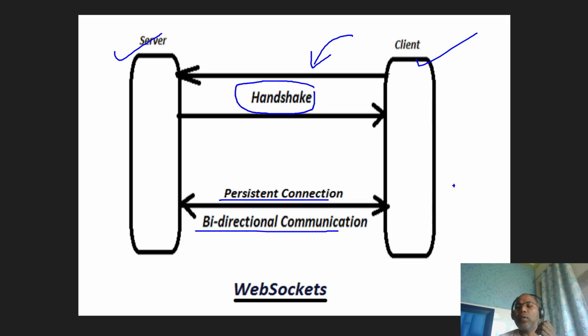If the server has some information for the particular client, it sends a frame to the client. If the client has some information for the same server, those frames are also sent over the connection. So once the connection is established, any amount of data can come and go.